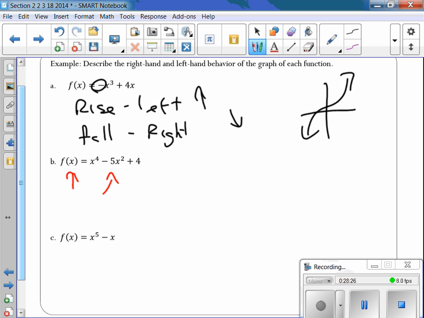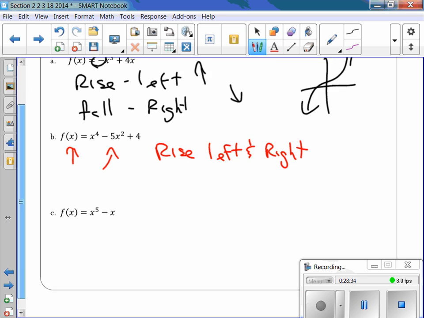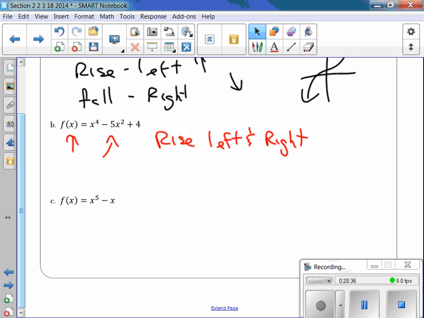And x to the fifth minus x. So it's going to resemble that same end behavior of my x cubed. So falling on the left and rising on the right.